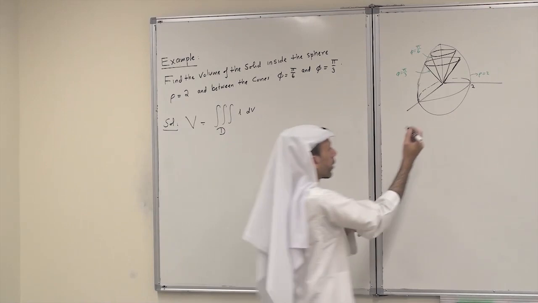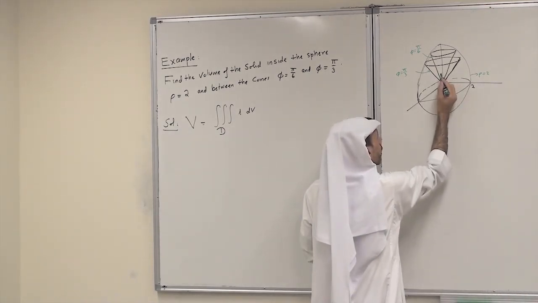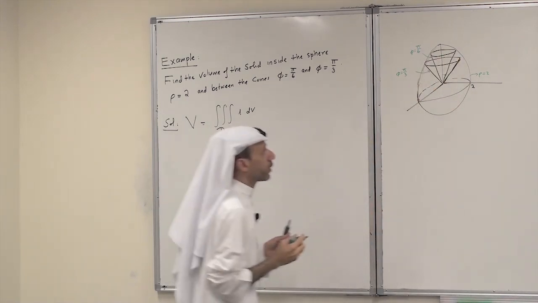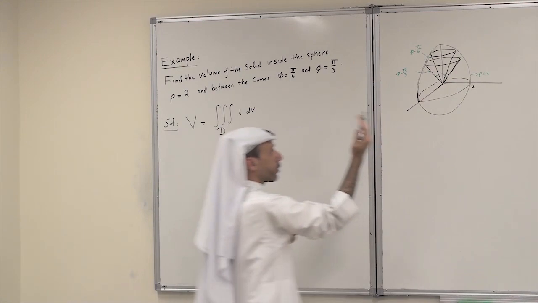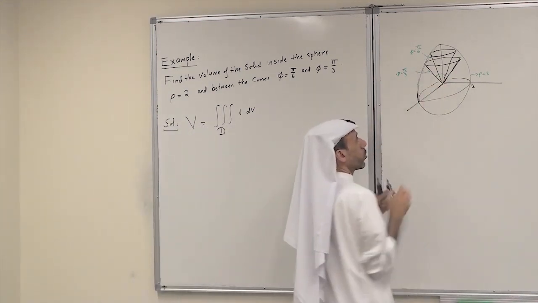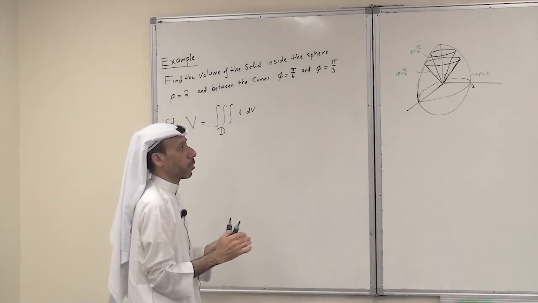You take an angle of pi over 6 from the positive z-axis. This is the first cone, the inner cone. And then you take another angle from the positive z-axis, pi over 3, to get the second cone. So you have a cone inside another cone.